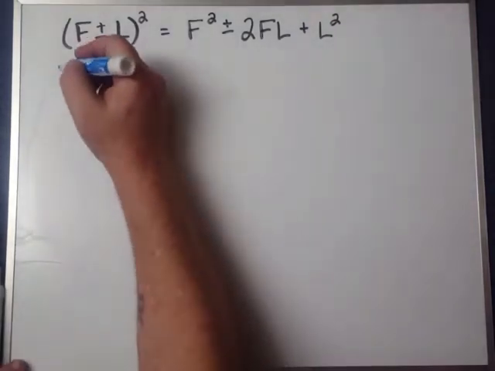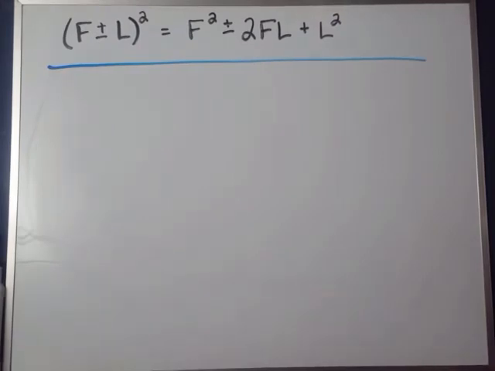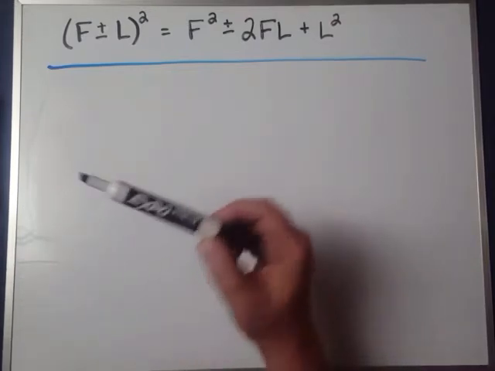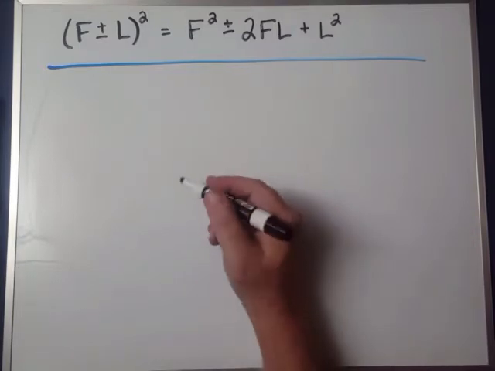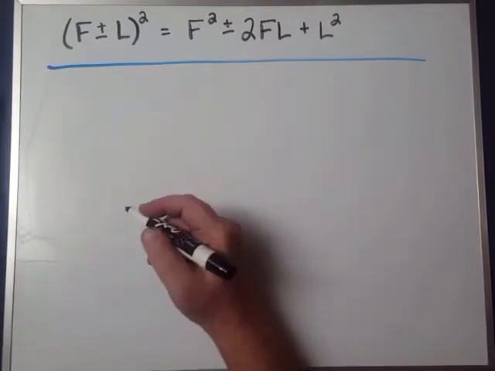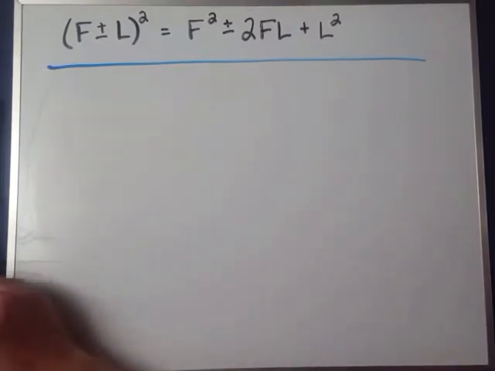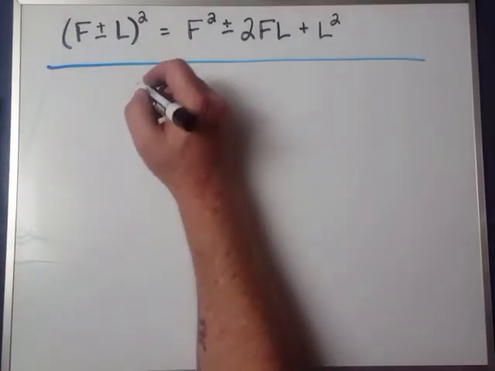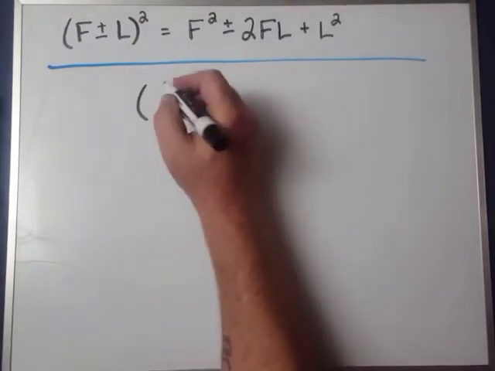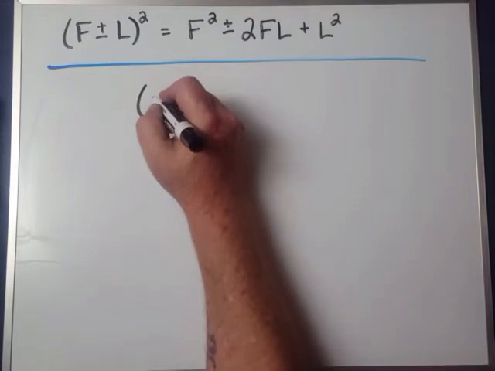So there's our rule. Now let's work some problems. And in this section, and I'll remind you again, and I'll put it on the website as well, I don't want you using FOIL. There's no point in doing this homework if you're just going to FOIL everything in this section. The point of this section is to learn these patterns and to be able to use them.